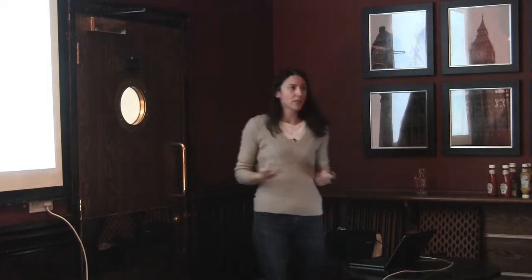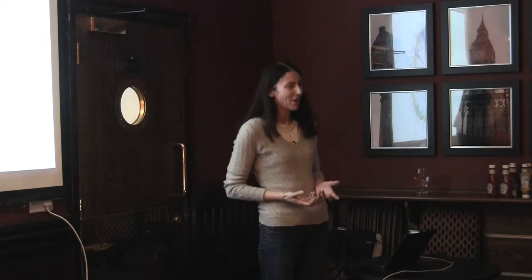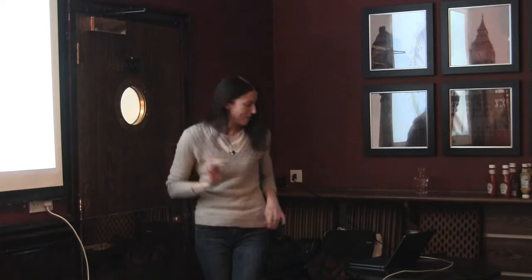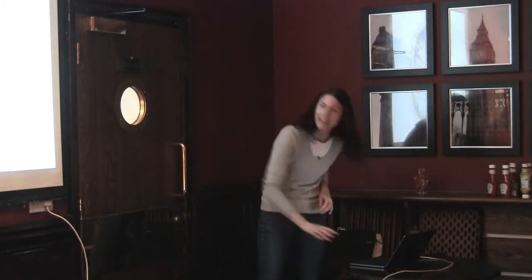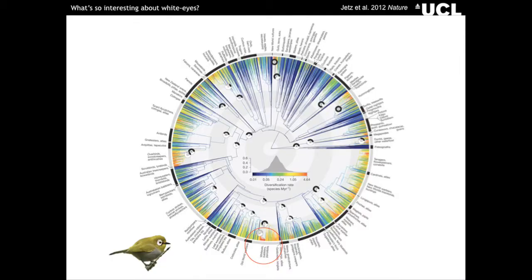Okay, so we've looked at these birds with very different morphologies, but what's so interesting about white-eyes? Well, I'm going to tell you. We've already had a little precursor to that when we look at these rates of diversification, very, very rapid rates of diversification.